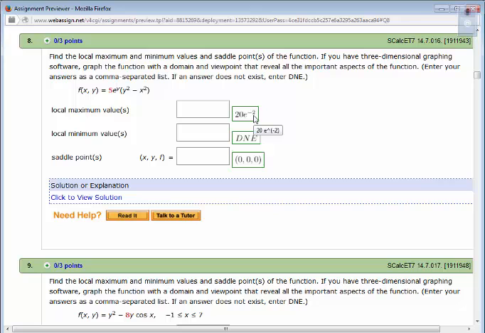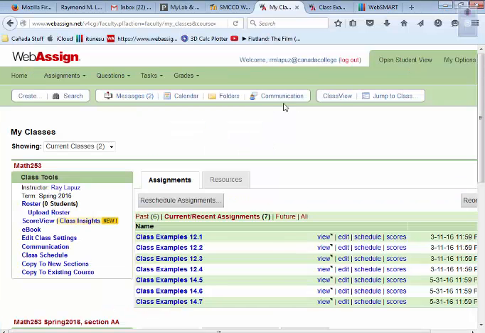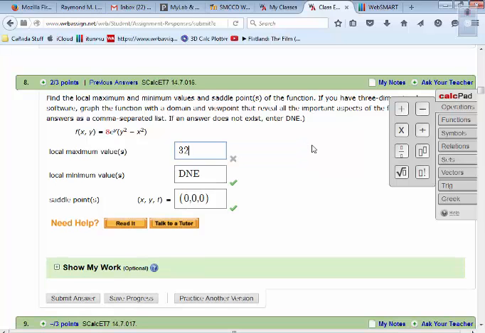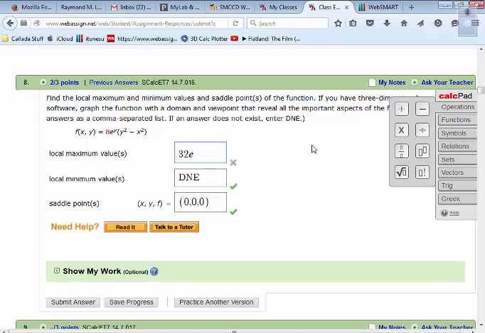Oh, they just want the value. 32 times e raised to the negative 2. Yeah, because y is negative 2, right?